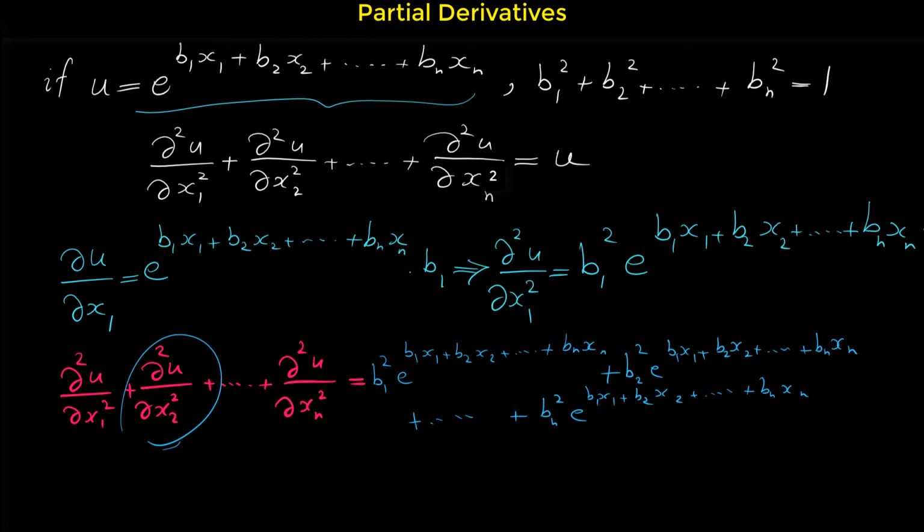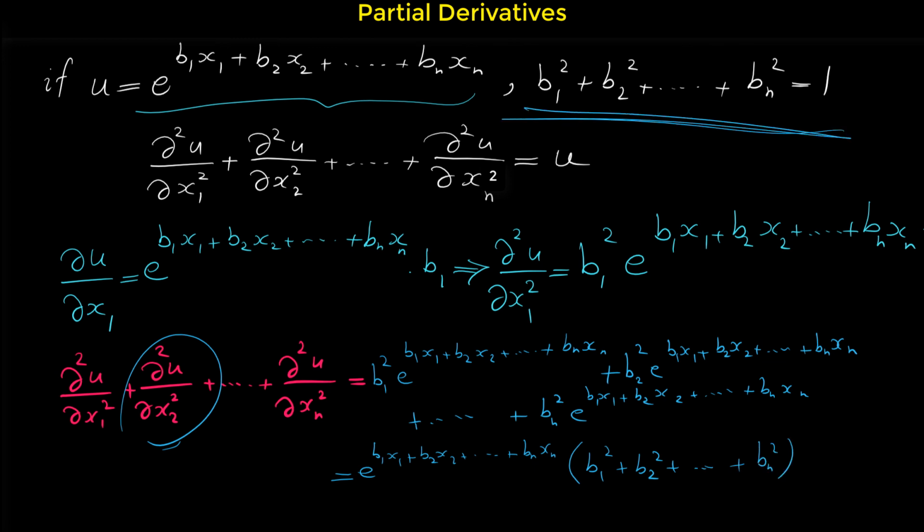So if we factor that, we have e to the b1 x1 plus b2 x2 plus ... plus bn xn times b1 squared plus b2 squared plus ... plus bn squared. But we know that the sum of these constants is 1. So this equals 1, and what remains is this expression.